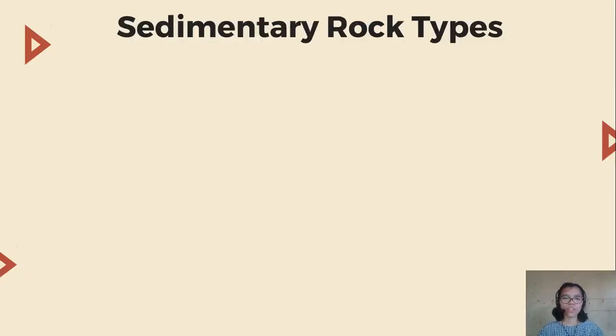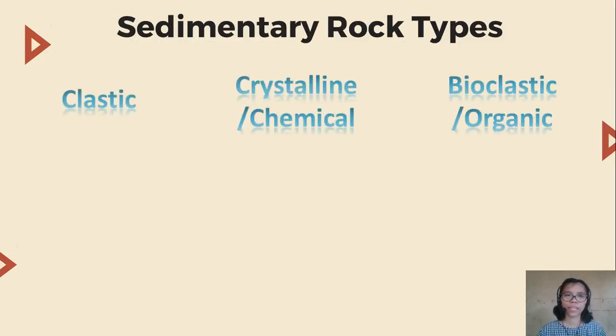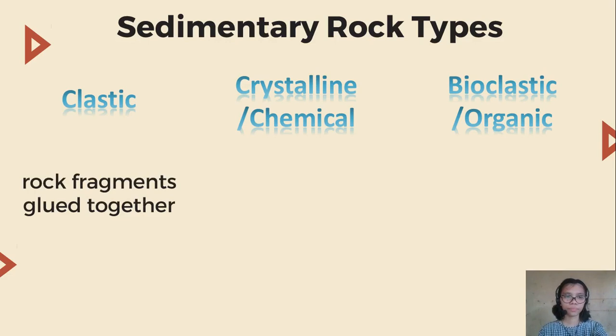Okay, so there are three basic categories of sedimentary rocks. The clastic, the crystalline or chemical, and bioclastic or organic. Clastic, the rock fragments are lithified or glued together to form a rock.